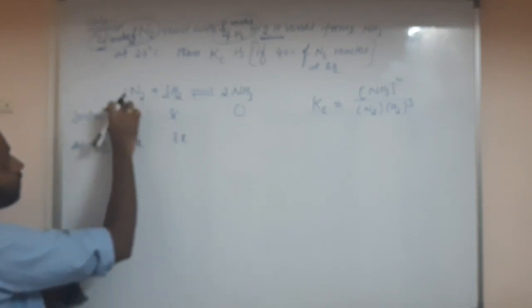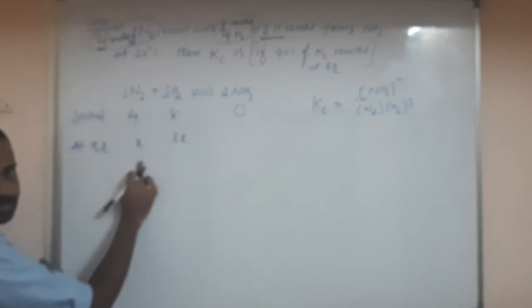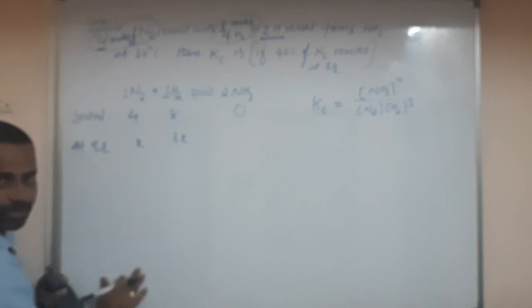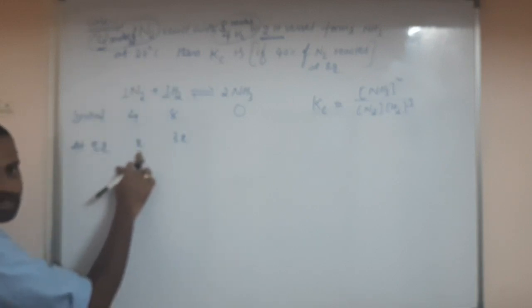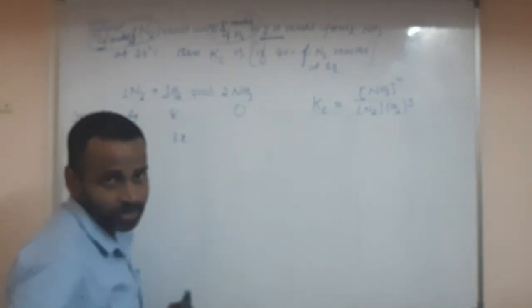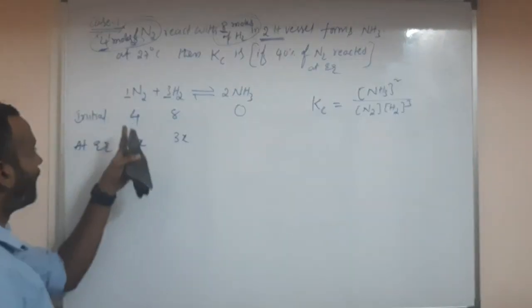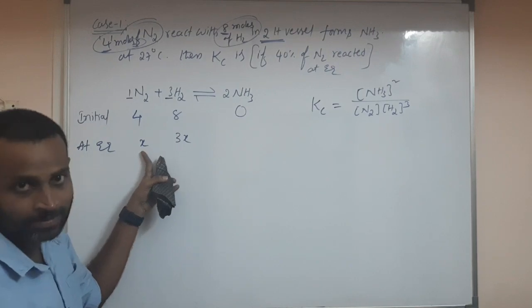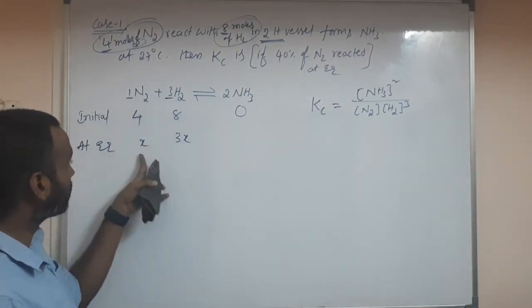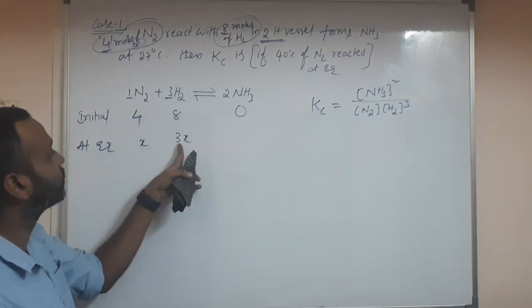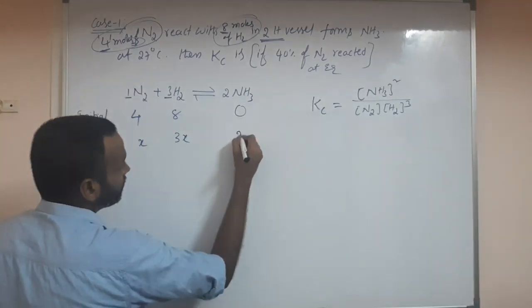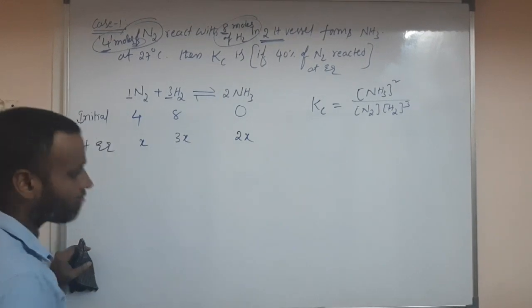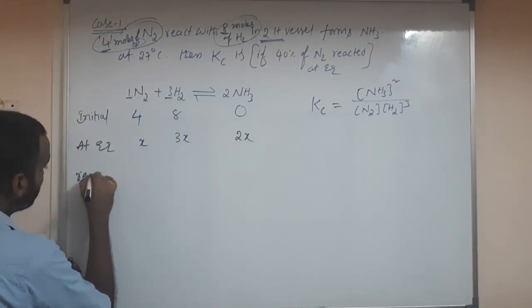Accordingly, 1 mole reacts, so x moles you have to take. Got it clearly? Because 100% is not there, that's why I am not writing 1 here. 40% is what reacted, so I am taking that 40% as x. So here 3 into 40% will react, that's why 3x moles. So here 2x moles will be formed, and remaining moles how many?